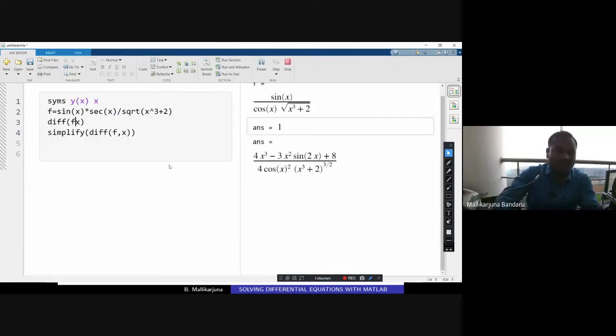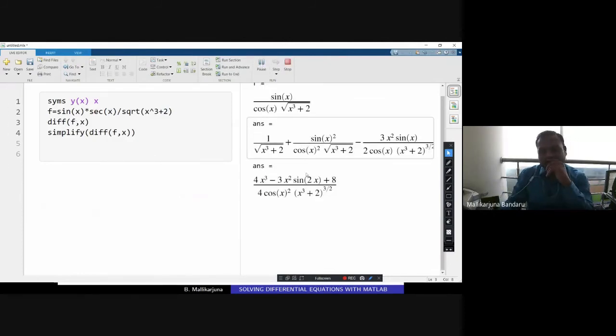Differentiation of f. So this is right. These two results are the same, but with simplification is this, and without simplification is this. So even the simplification you can do using MATLAB, using the simple syntax simplify of a certain value.